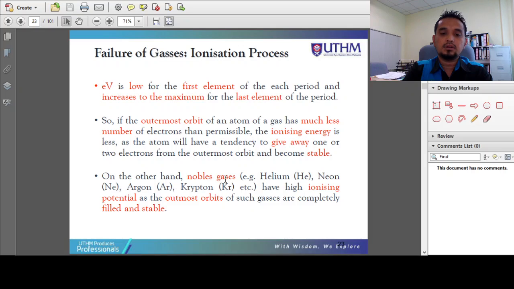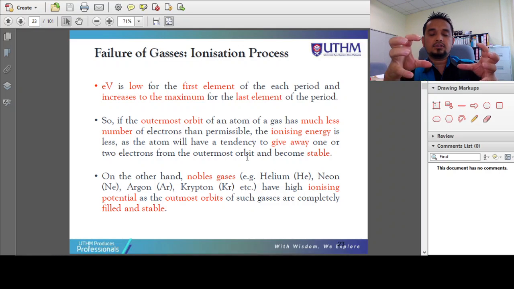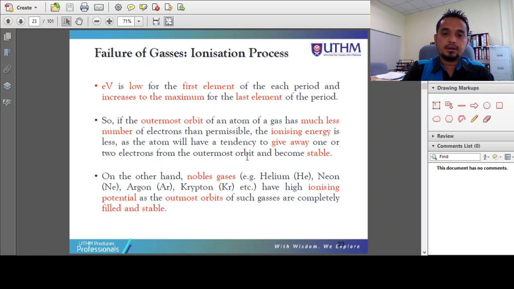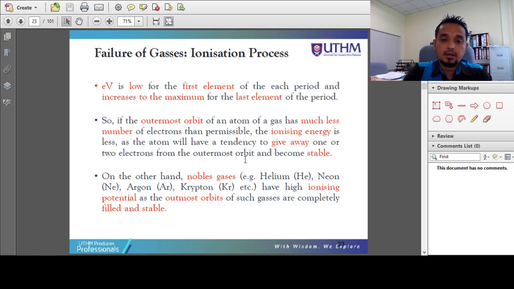This is what we call noble gas. And those without a full outer shell, the electrons that are not stable in the outer shell, tend to escape away from the atom.